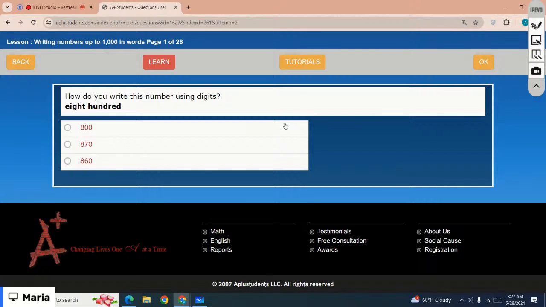How do you write this number using digits? 800. How do you write?